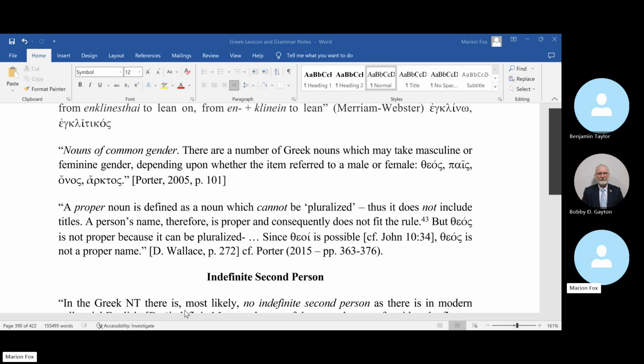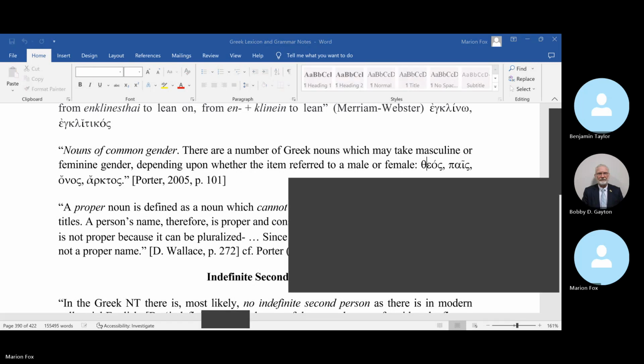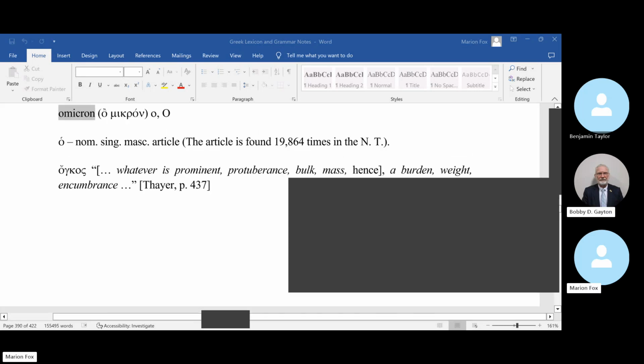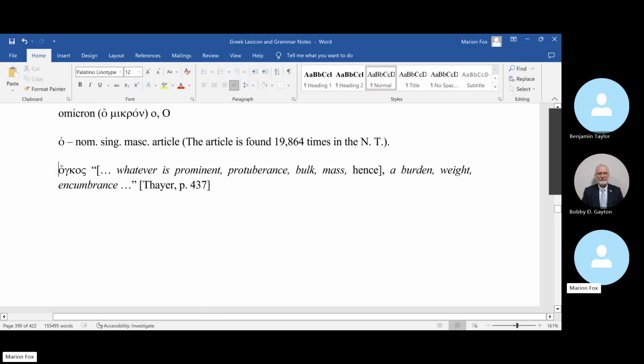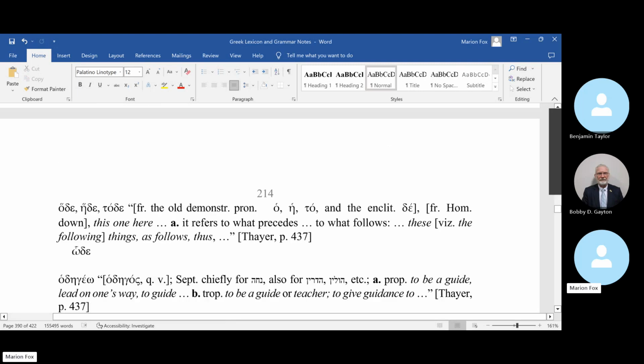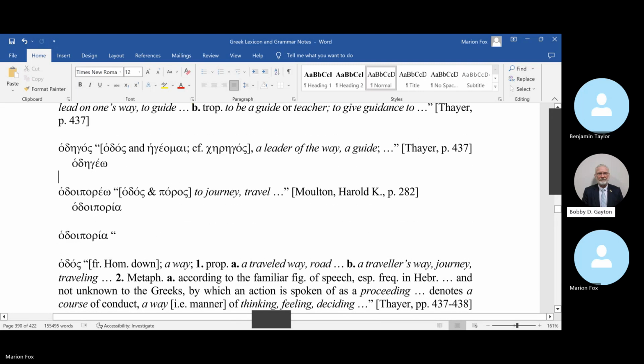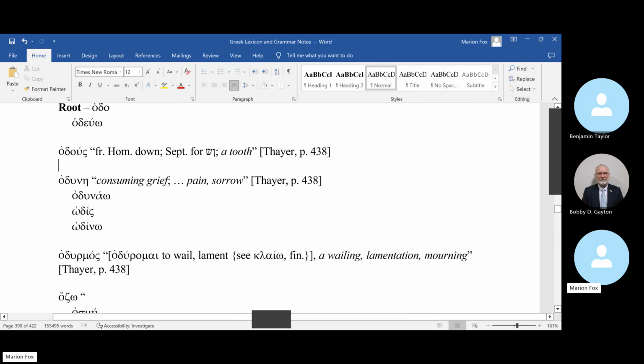We'll go over to it in our file. That's pretty close to oida, and I can scroll down. Now, I don't know what's going on here.